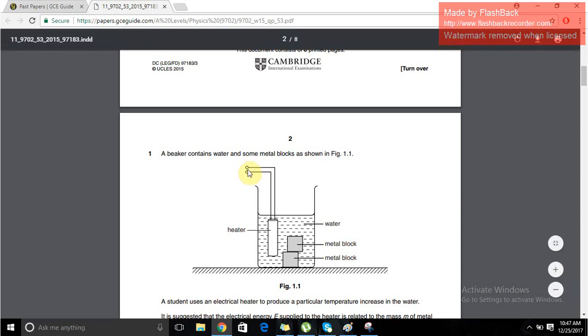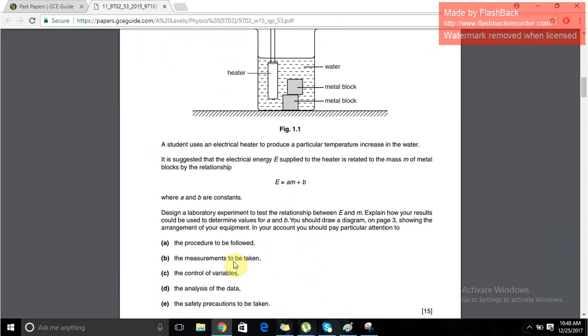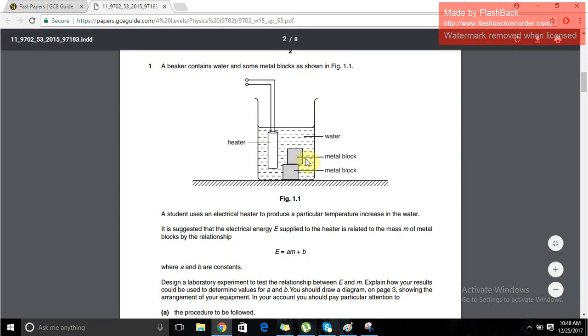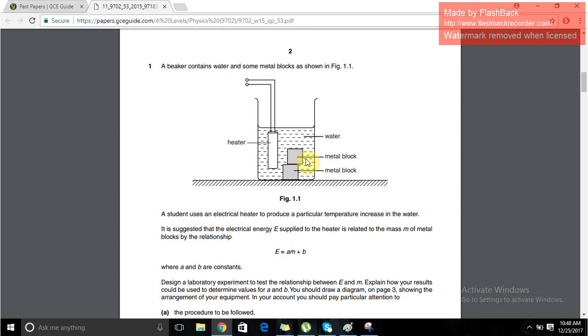You could have a voltmeter between these 2 points. You could have an A meter over here. You could have a rheostat over here, and you could have a constant power voltage supply over here. And obviously you need a thermometer over here, and it wouldn't be hanging in the air.